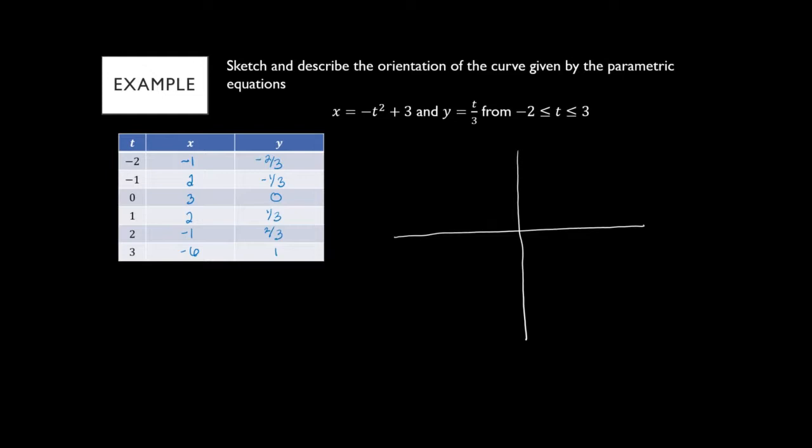So my x values are going from 2, 3, 4, 5, 6, then 2, 1, 2, 3. I'm just going to count by ones, oops, those are my y values. Let's count by 1/3 on my y values, and then on the x, we'll count by ones.